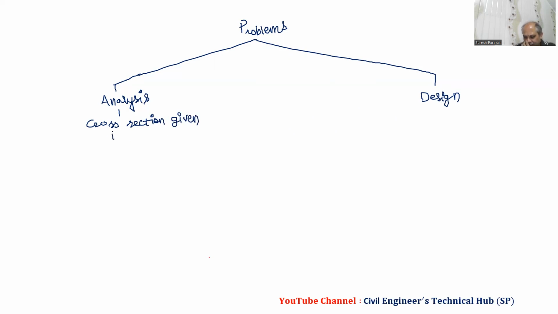As the cross section is given, we are going to use Annex H, which is given on page 138, for I section and channel section of IS 800-2007, and we are going to know the properties of the section.